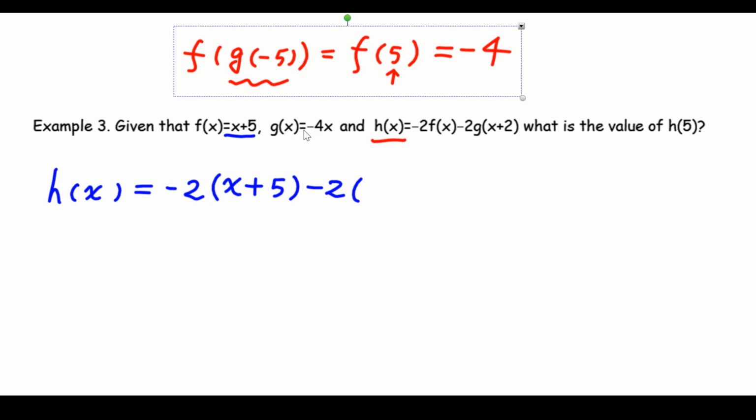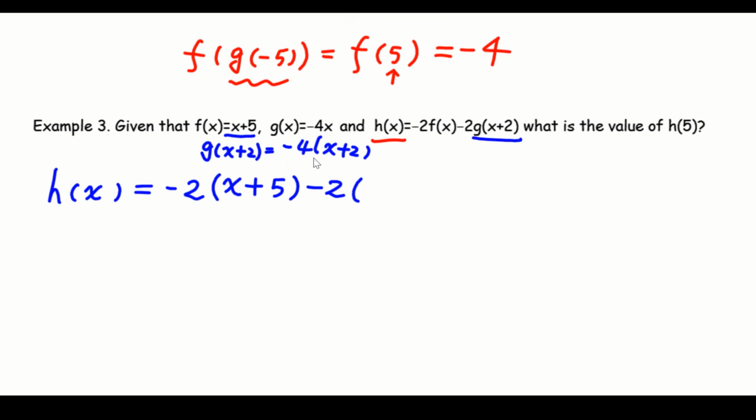So this is g at x, we change this one to x plus 2. Then this is g at x plus 2. Then we sub in this one using its equivalent, so it's -4 bracket x plus 2 bracket.